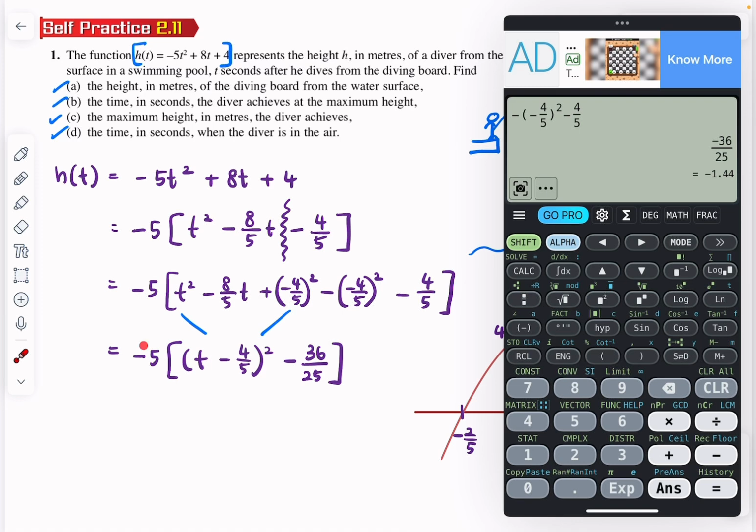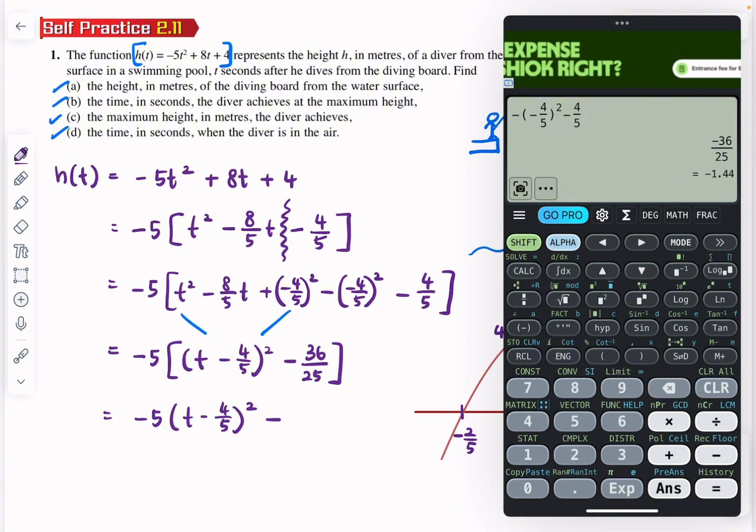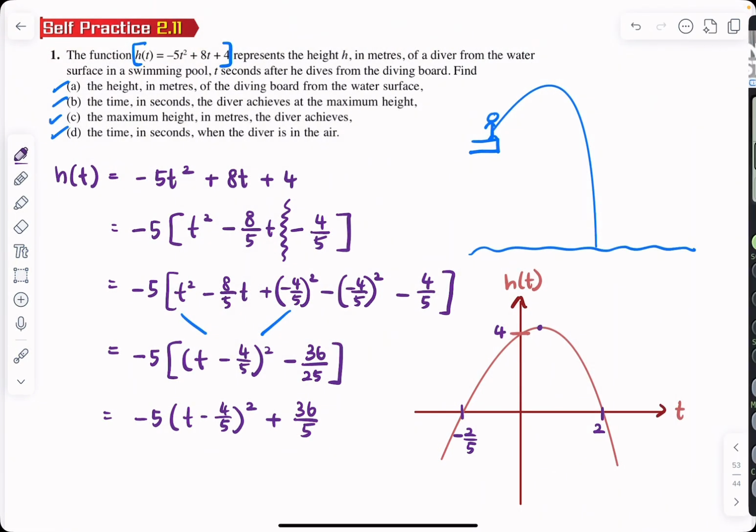Then we multiply the -5 in, so we get negative 5 (t minus 4 over 5) squared plus 36 over 5. You just times this whole thing by negative 5. So this is our vertex form.